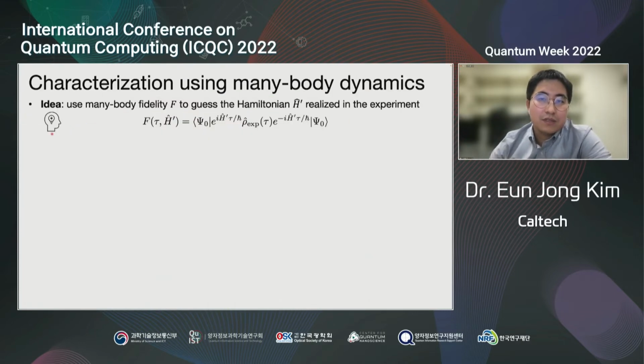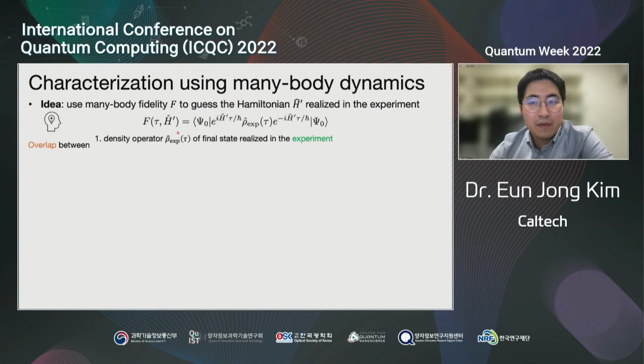One idea is to utilize the many-body fidelity F to guess the Hamiltonian realized in the experiment. Here, the many-body fidelity is defined as the overlap between the density operator rho realized in the experiment and the final state theoretically expected from time evolution of the initial state under the guessed Hamiltonian.